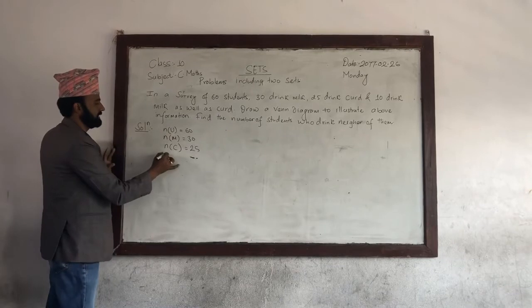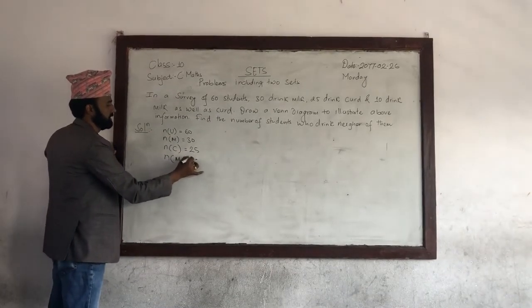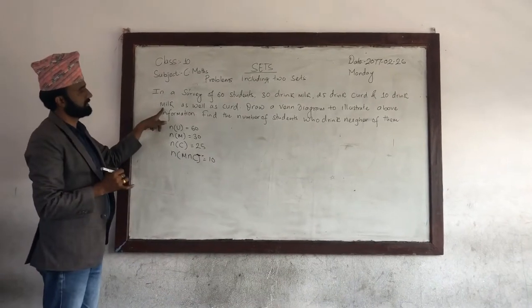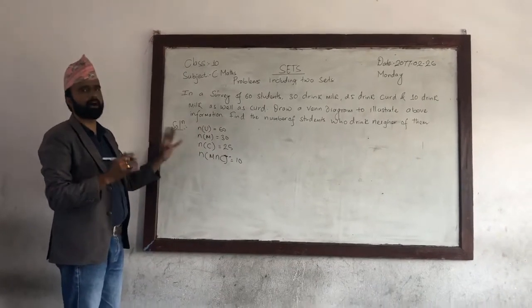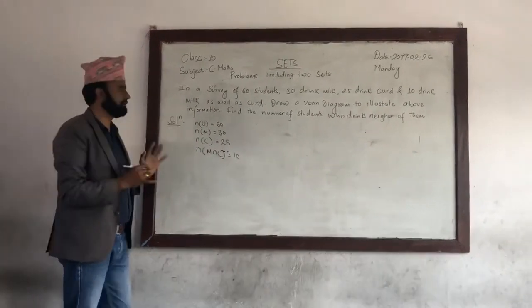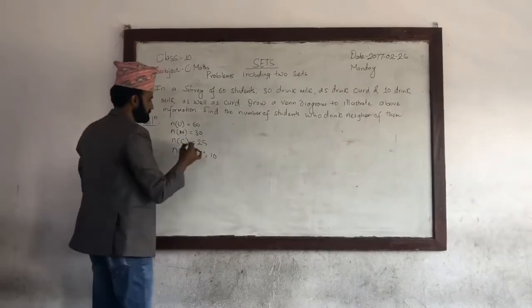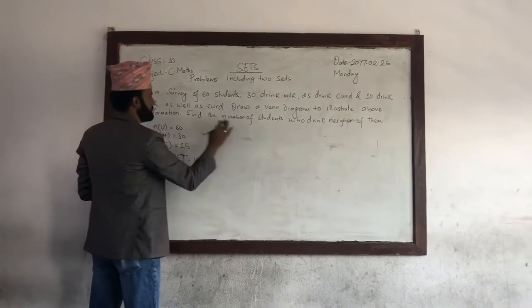That is written as n of M intersection C is equal to 10. According to the question, we are going to illustrate this information using a Venn diagram. Let me draw the Venn diagram here.